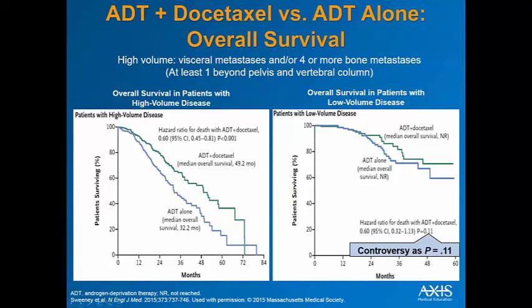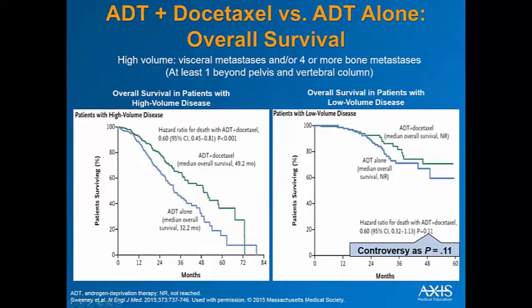The slide on the left is from the New England Journal that demonstrates that patients with high volume metastatic disease, and high volume is defined as visceral metastases with 4 or more bone metastases, one beyond the pelvis or vertebral column. Our visceral met would be liver, lung, something like that.